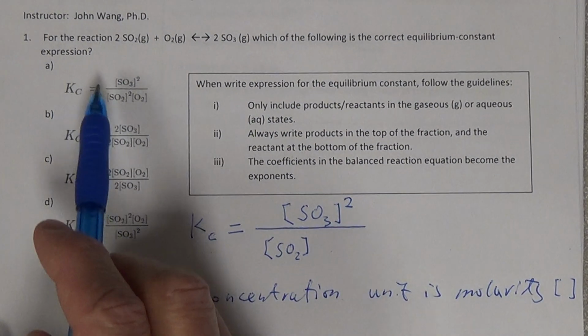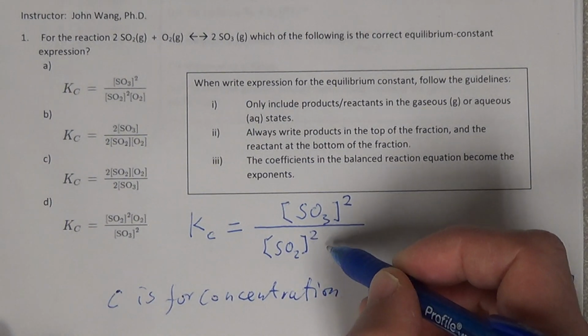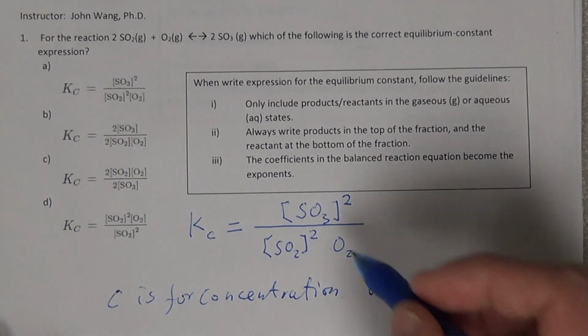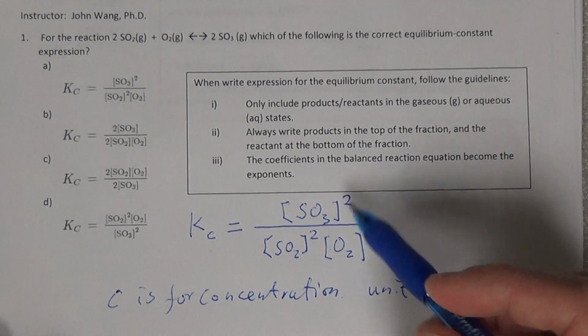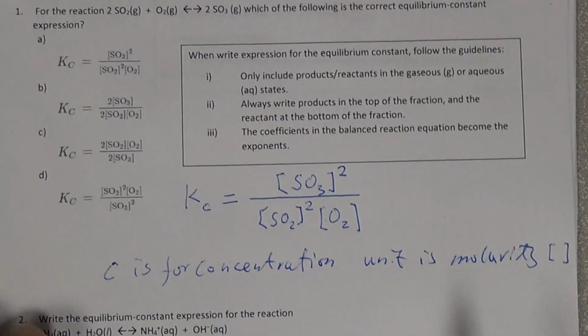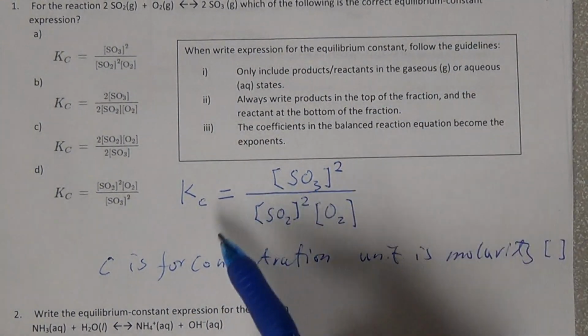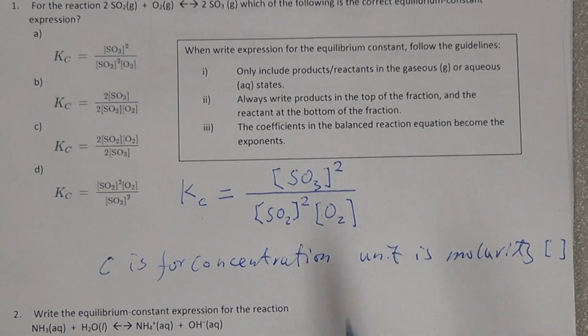SO2 has the coefficient 2, so it is raised to the second power. Then we have O2, which also uses molarity in angle brackets, and O2 has coefficient 1, so it is to the first power. This will be the correct equilibrium constant expression.